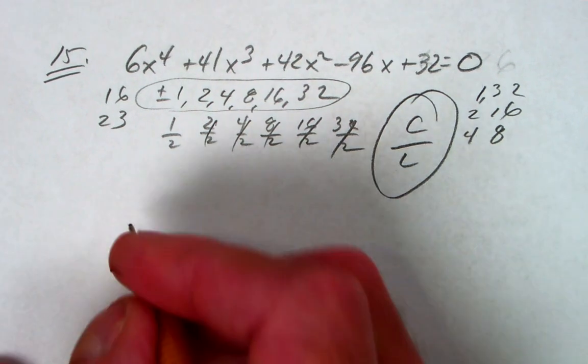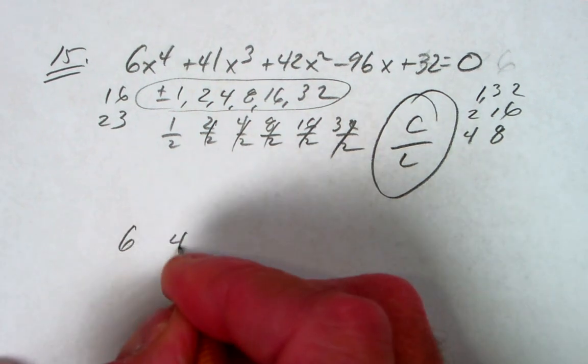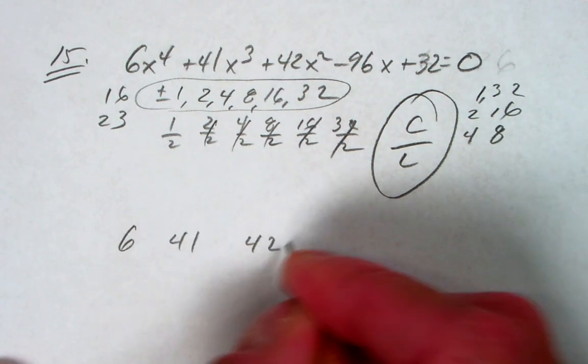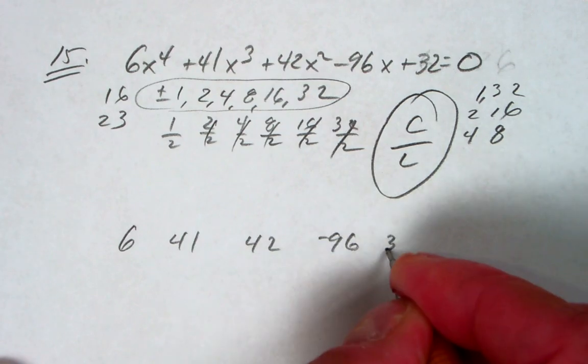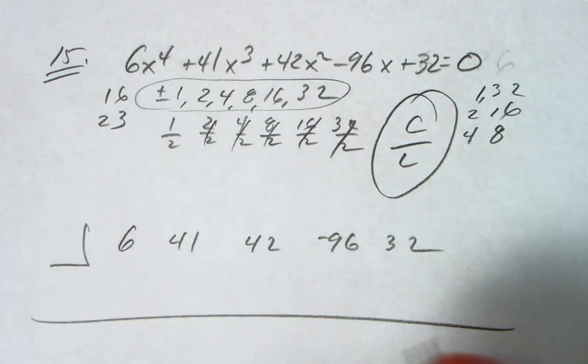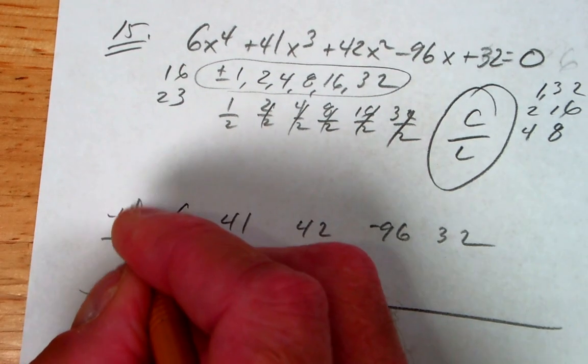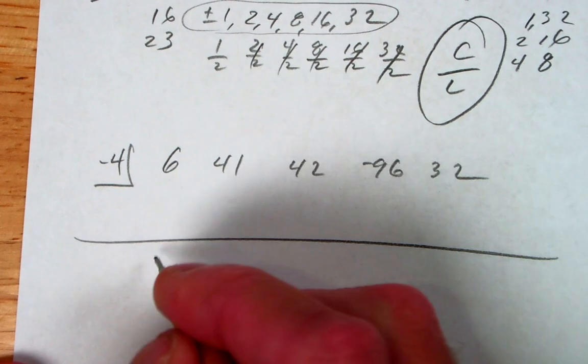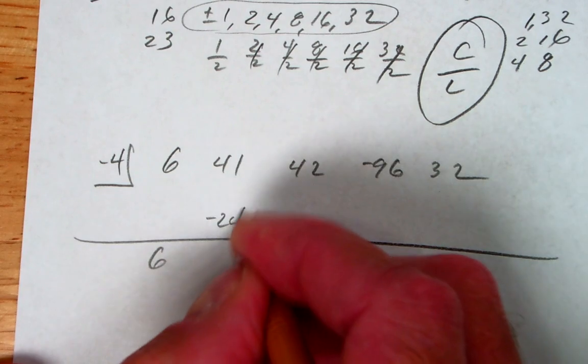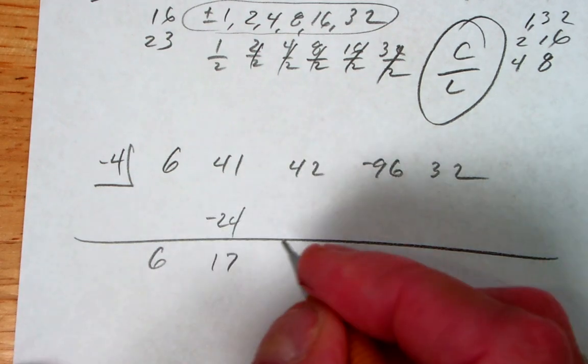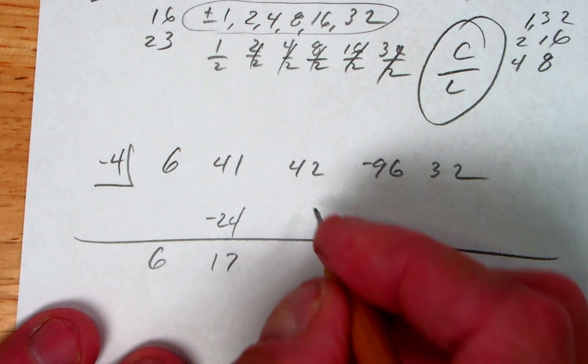So I'm just going to take this and, using some of the special magic powers that I have, I'm going to say that I think negative 4 works, okay? So 6, negative 24, 17, oh, jeepers, these numbers are going to get big real quick.